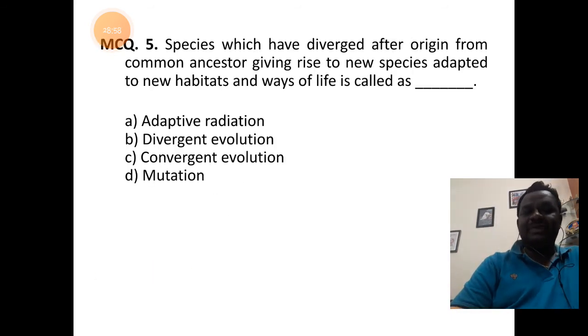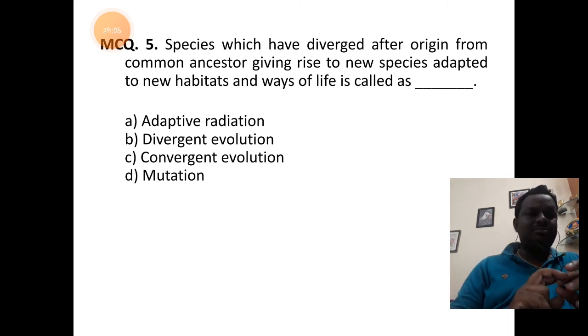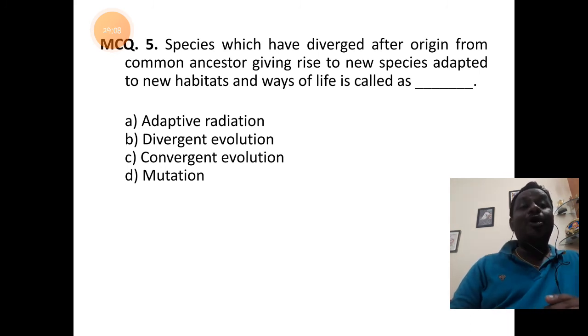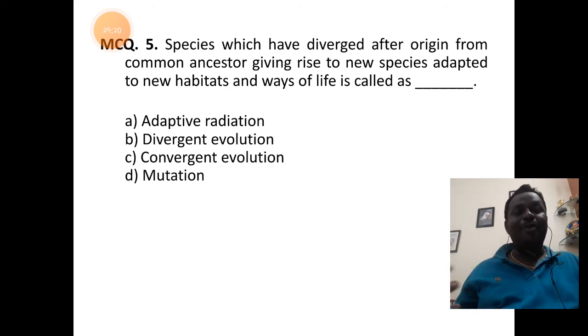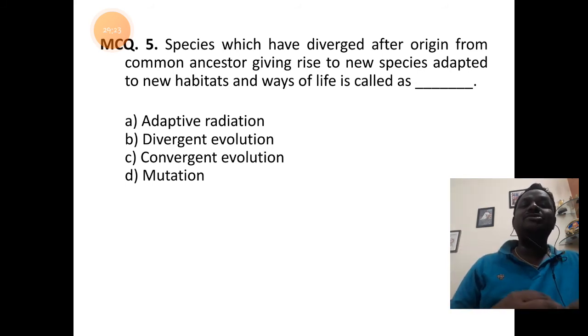Question 5. Species which have diverged after the origin from a common ancestor, giving rise to new species adapted to new habitats and ways of life, is called what? What do you call it if new species are formed from the common ancestors at new habitats?